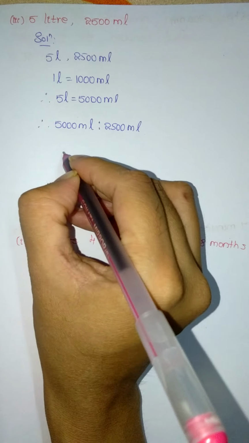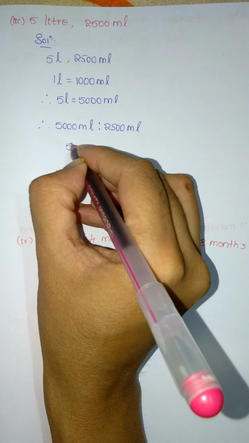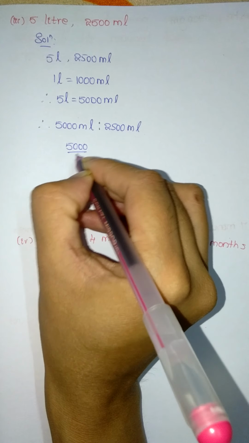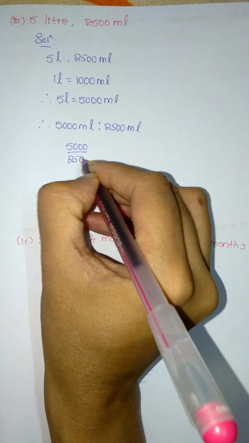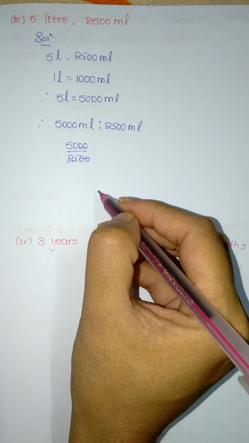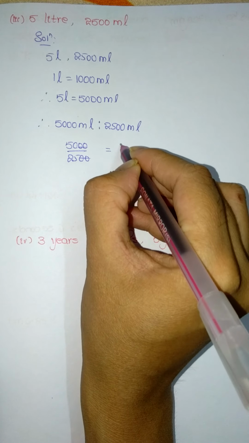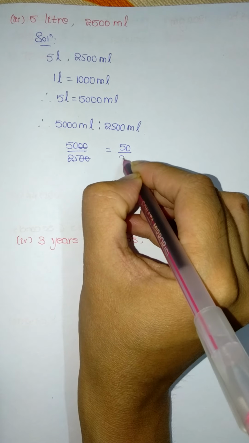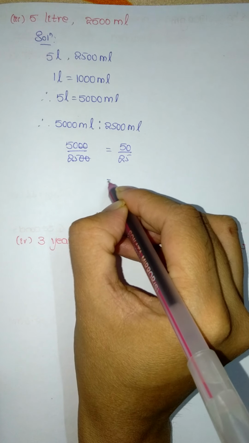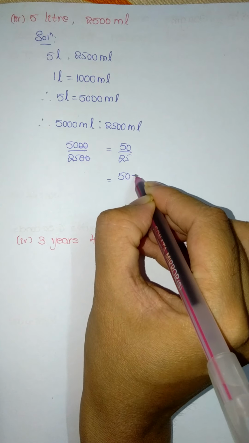So here we can write 5000 by 2500, cancel these two zeros. So here it becomes 50 by 25. So you can divide both the numbers by 25.